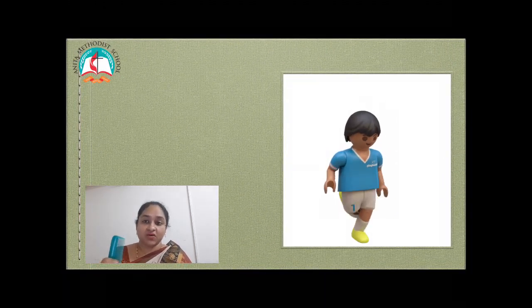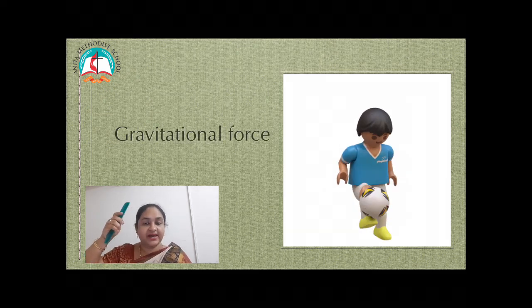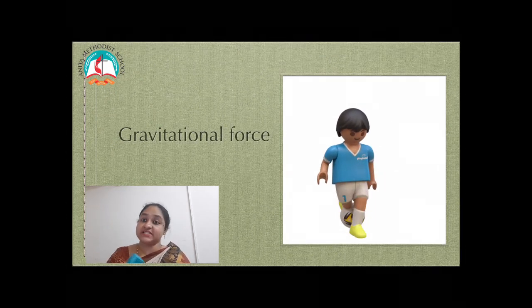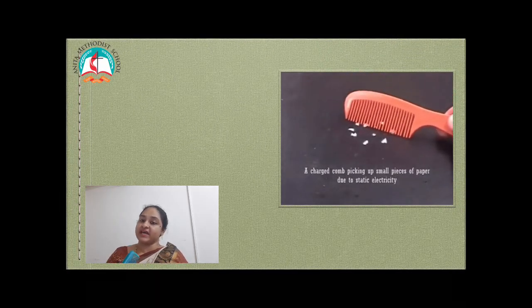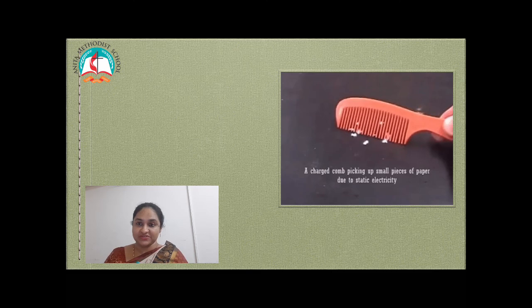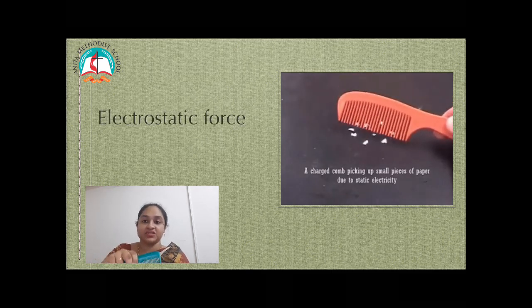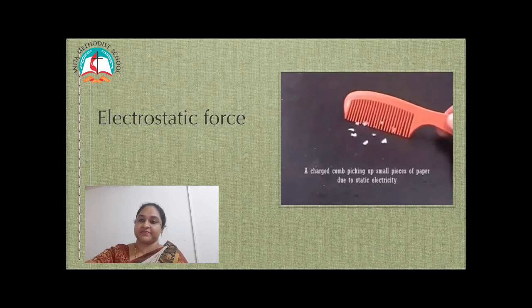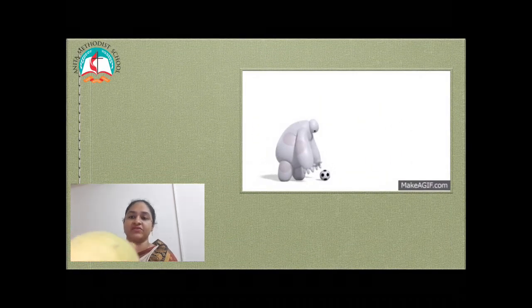You can take a comb or a plastic scale and rub it on your hair. When you rub it, it develops electrostatic force. And then when you bring a few pieces of paper near it, it attracts the paper toward itself. Roll a ball gently on the floor.